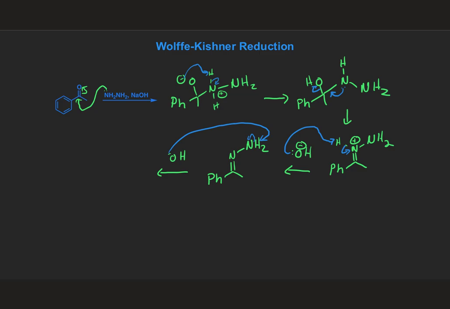And that's going to give us this negatively charged intermediate. And nitrogens with negative charges are quite basic, but this one is resonance stabilized. So we're going to draw this resonance structure.